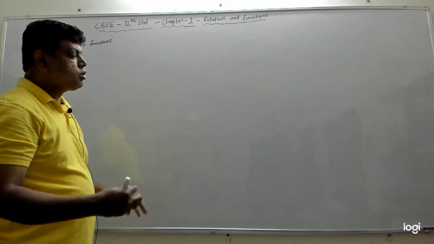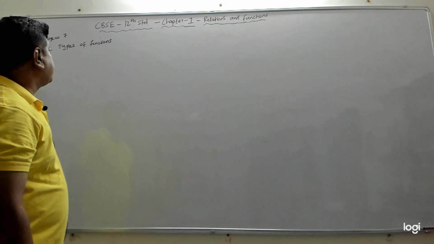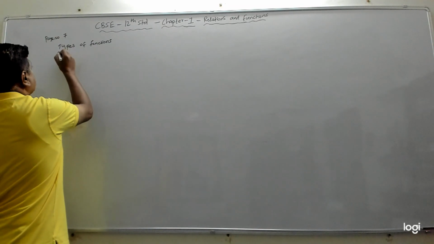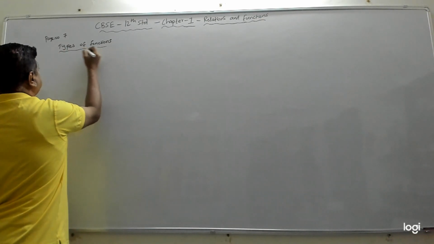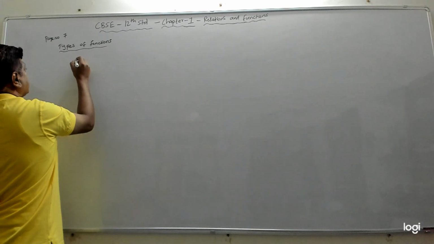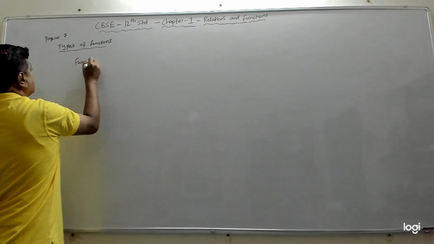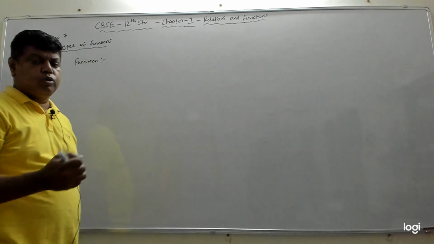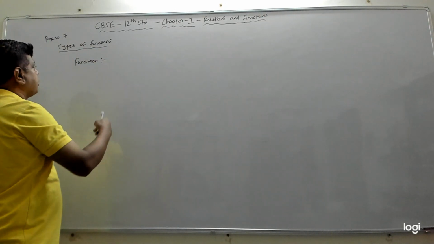So we'll just do a quick recap of what we had studied in 11th standard. Before we move to these types of functions, we will try to understand the definition of a function, which you had studied in your 11th standard. So I will just recap that.